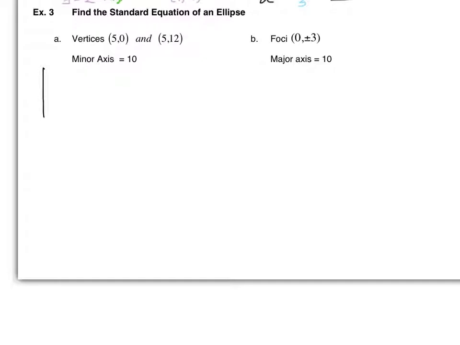This particular one happens to be in quadrant 1, and I'm going to go by 2's. So this is 10. And so my vertices are at (5, 0). So that's a vertex, and (5, 12).